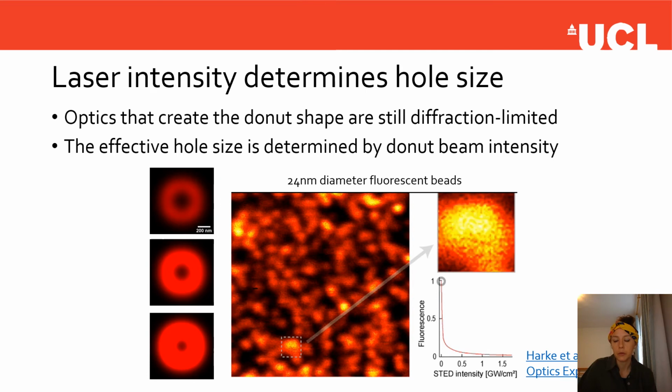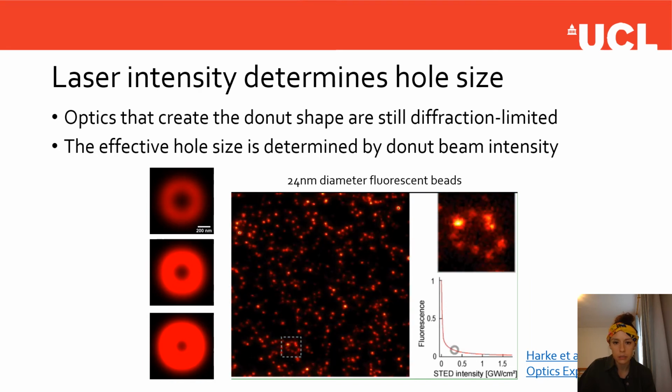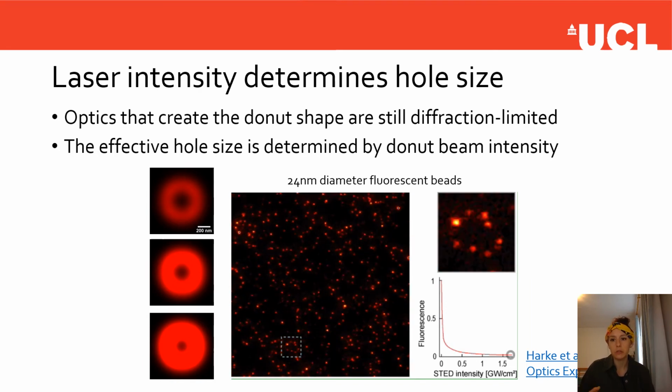If you don't have your STED on, so 0 STED intensity, then you get your diffraction limited blur. If you increase the intensity of your STED beam, you make your donut hole smaller and smaller, and you increase your resolution so you can see all these individual little beads. Really cool.